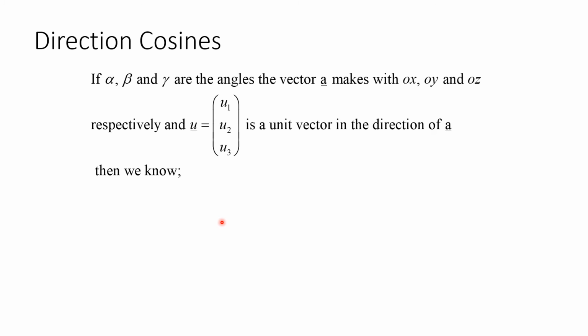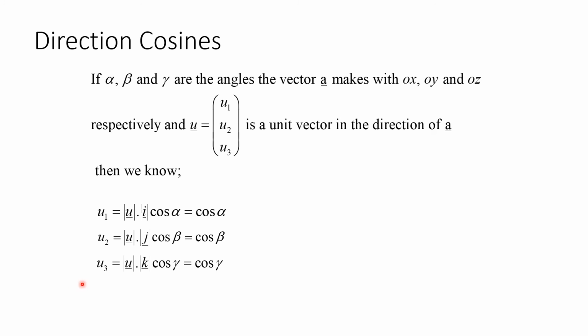Then you can conclude that this is how you calculate your U1, U2, U3, using the cosine formula or the dot product formula. And you simply conclude that U1, U2, U3 are respectively cos alpha, cos beta, and cos gamma.